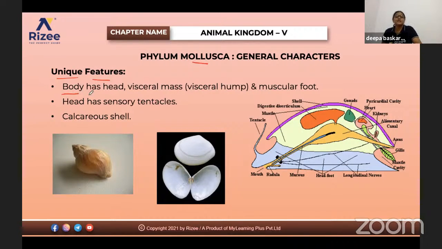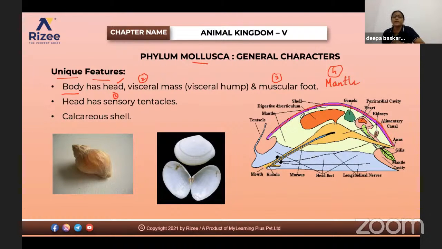Their body has different parts like the head, visceral mass, which is otherwise called visceral hump, and muscular foot. One more part, the fourth part, is called the mantle. See here, the calcareous shell is present at the outer side.